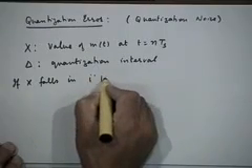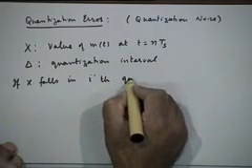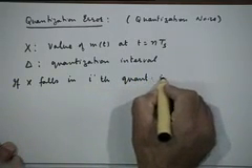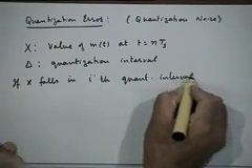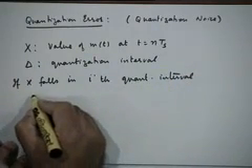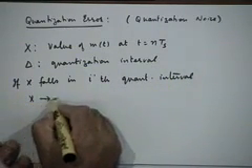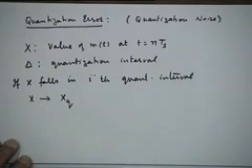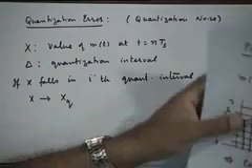And the mapping is, if x falls in the ith quantization interval, then what we do is we convert this x to a value x sub q. Go back to this picture.